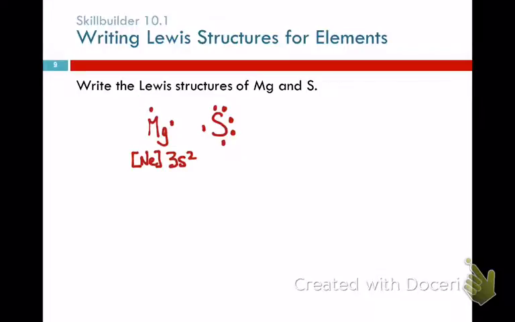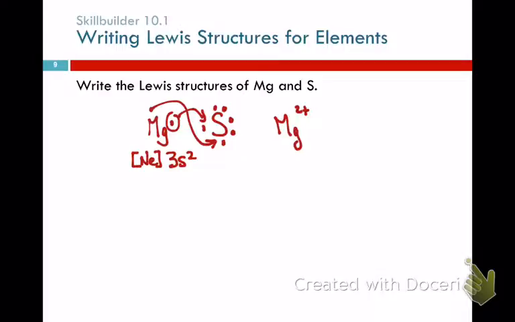So what ends up happening is sulfur takes those electrons, because of its high electron affinity, right? Magnesium has a low ionization energy. It's easy for those electrons to move over. And so what you end up getting is magnesium 2+.